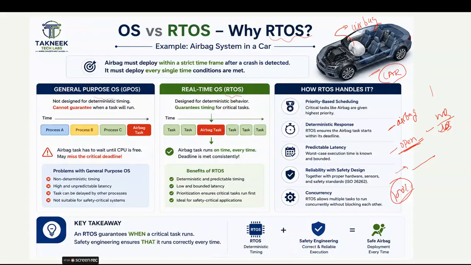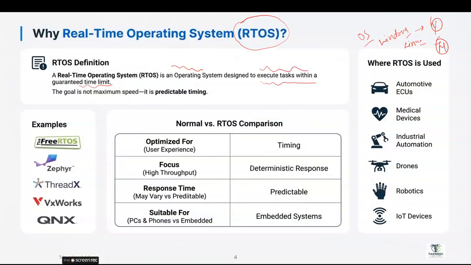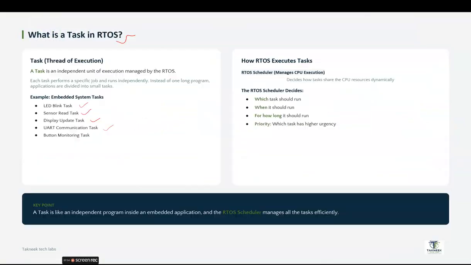So as I said, this LED blinking, sensor reading task, display task, all these, if you remind yourself, are the functions of your code. So if you write a main, there is one while loop inside main, while 1, and this will go on and on and on.